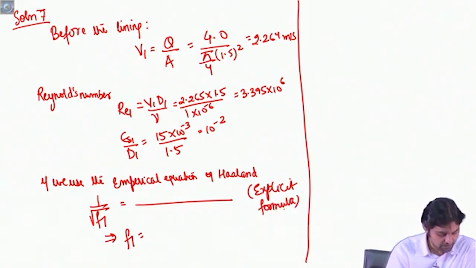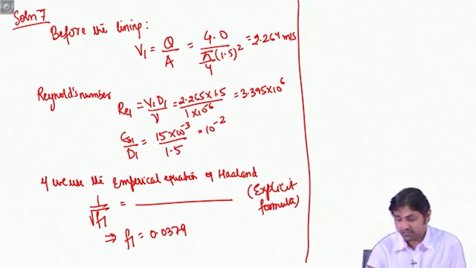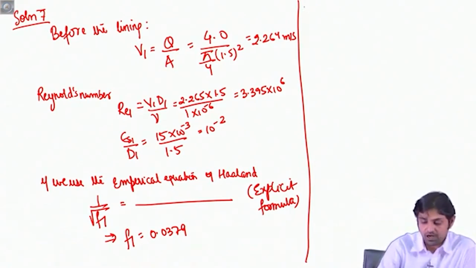All right. So, F1 we can get 0.0379. Now, we have talked about the friction factor we have calculated before the lining was there. Similarly, let us talk after the lining was put.